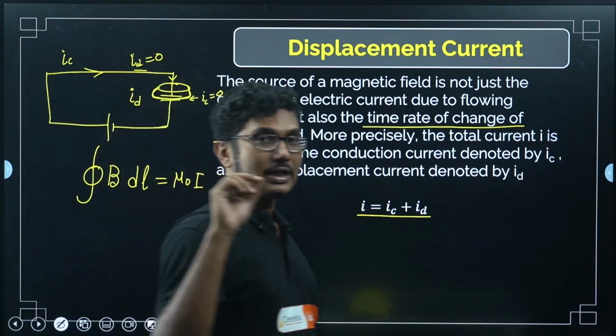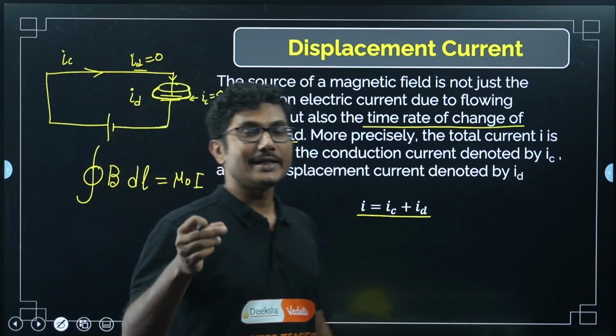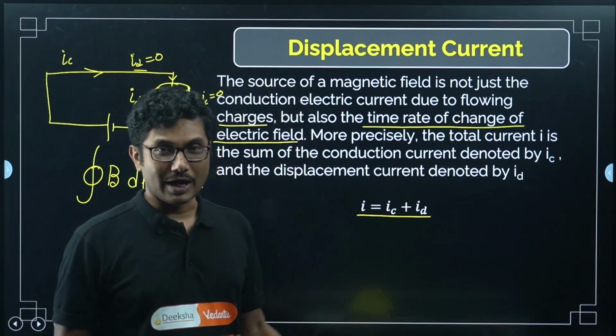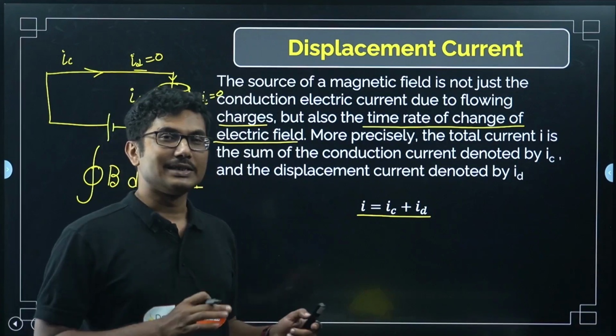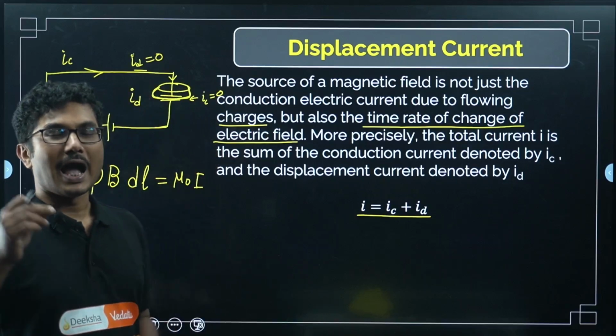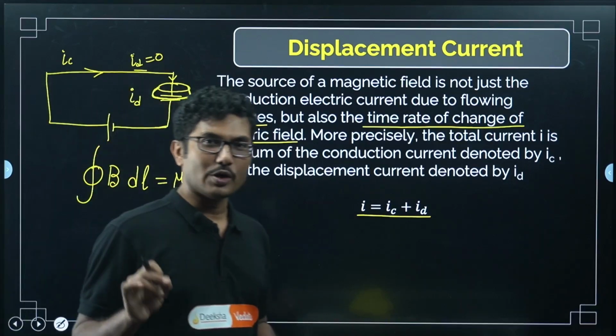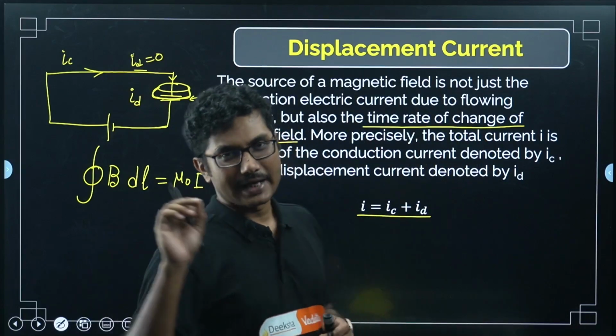Even though this is a very theoretical and difficult concept to understand, they might ask inside the capacitor plates which one is 0: IC is 0, ID is 0, both IC and ID are 0, only IC is 0, like that. So you have to understand that inside the capacitor plates IC is 0 and ID is equal to I, whereas outside, in the rest of the circuit, IC is equal to I and ID is equal to 0.